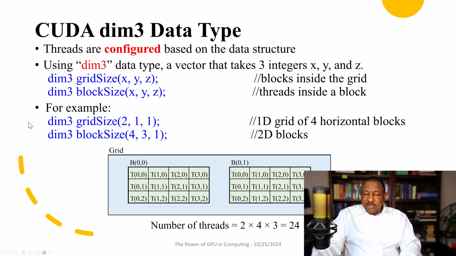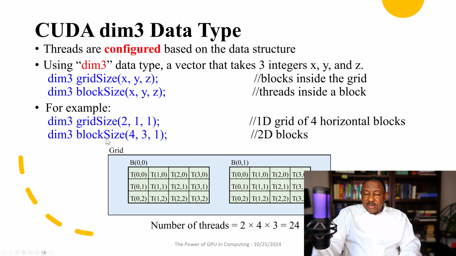For example, here we set the grid size to 1, which means this is 1-dimension, and here we have only 2 blocks, because this is a grid.